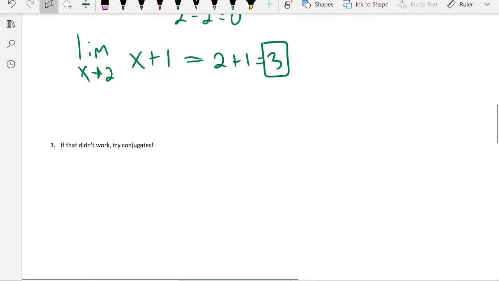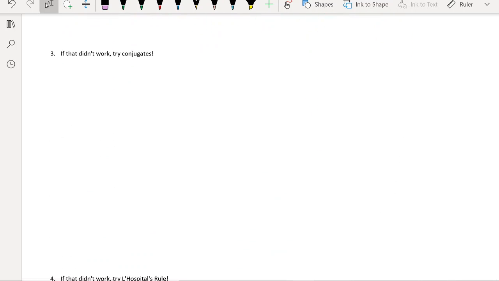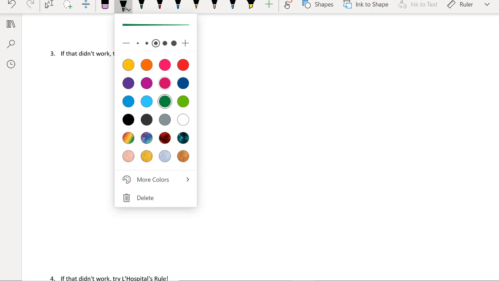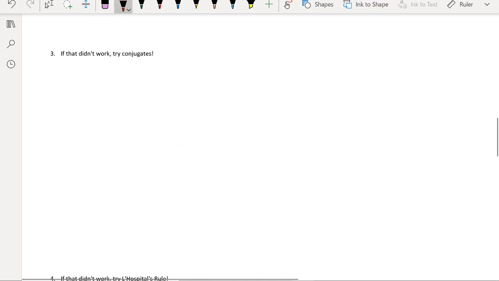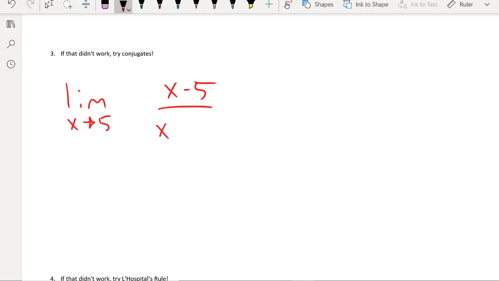Now, if that doesn't work for whatever reason, you can always try a conjugate. What do I mean by that? For example, let's say I have the limit as x approaches 5 of x minus 5 over the square root of x plus 4, minus 3.